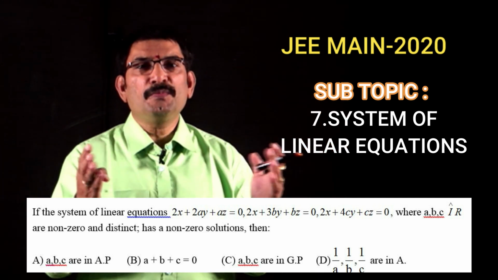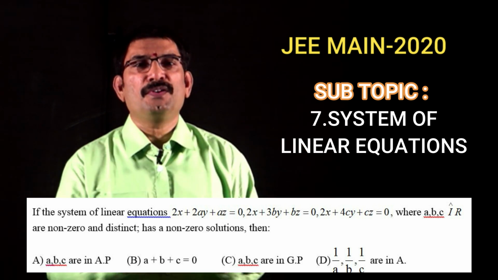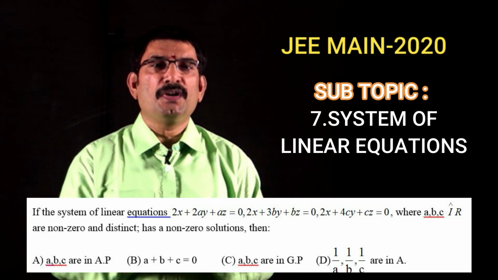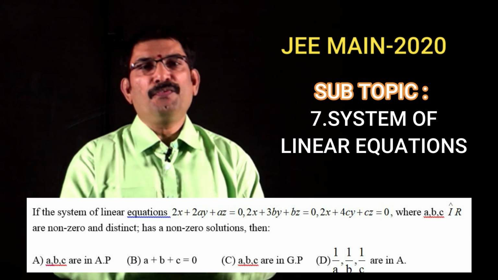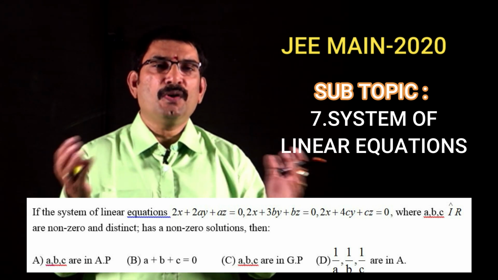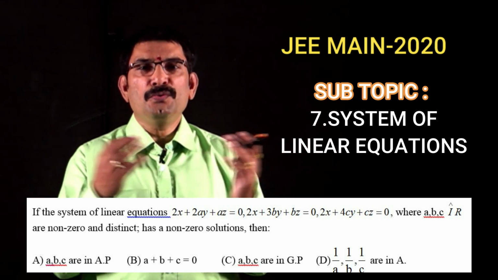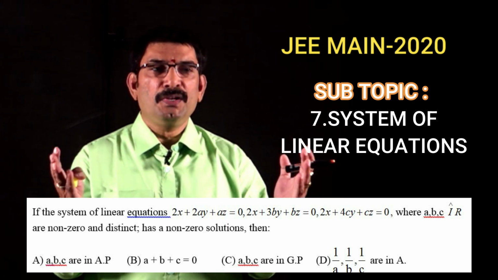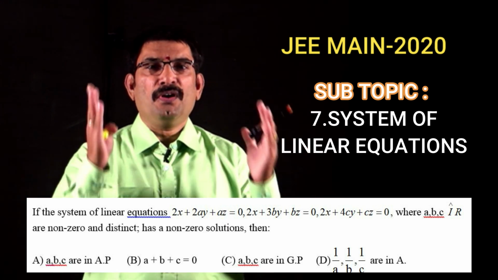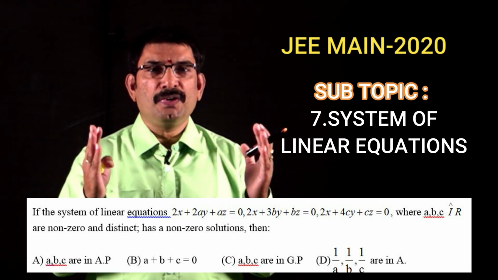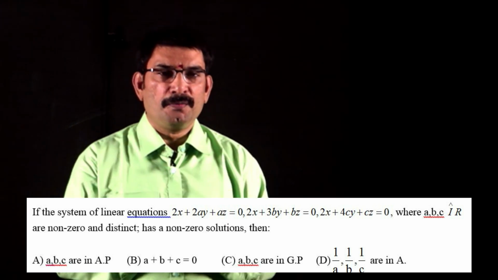Yes, in a system of linear equations you come across zero solutions and non-zero solutions, right? If it is non-homogeneous, you come across a unique solution, no solution, or infinitely many solutions. So every student should concentrate on this subtopic.